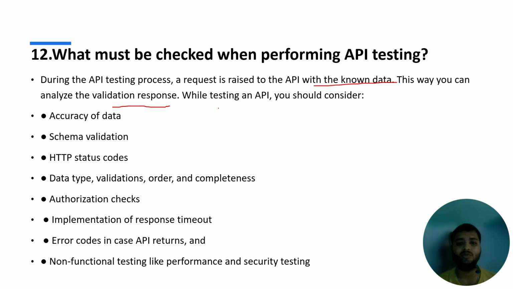You should consider accuracy of data, schema validation, HTTP status code, data type, data validation, order and completeness, authorization checks, implementation of response timeout, error code in case the API returns one, and non-functional testing like performance and security.